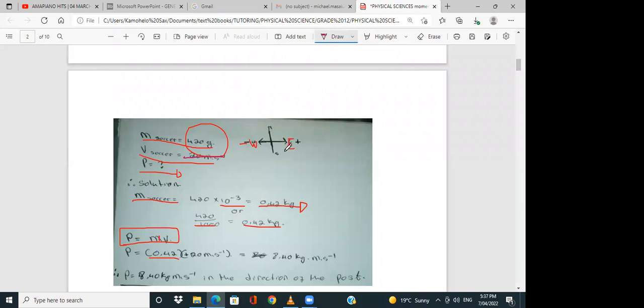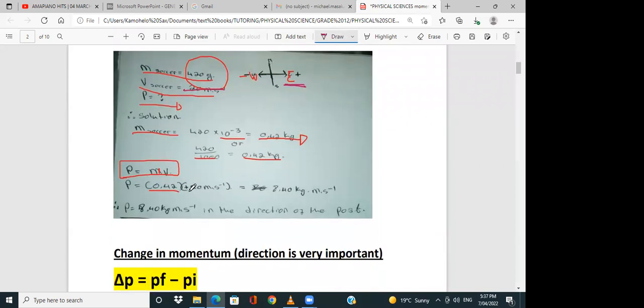What did I say about the goalpost? Towards the goalpost will be east, so we will have a positive sign in front of our velocity, meaning our velocity in this instance is a positive quantity, guys. That's why we have a positive 20 meters per second.